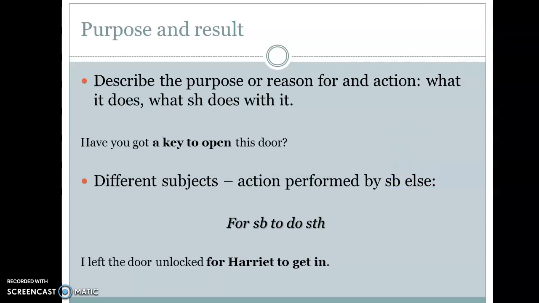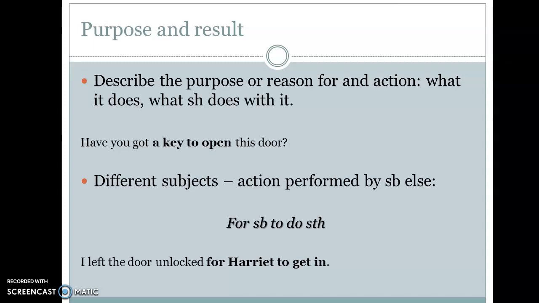We also use this non-finite form to talk about purpose or result. For instance, if we say, have you got a key to open this door? That means that the key has this function, this purpose of opening the door.